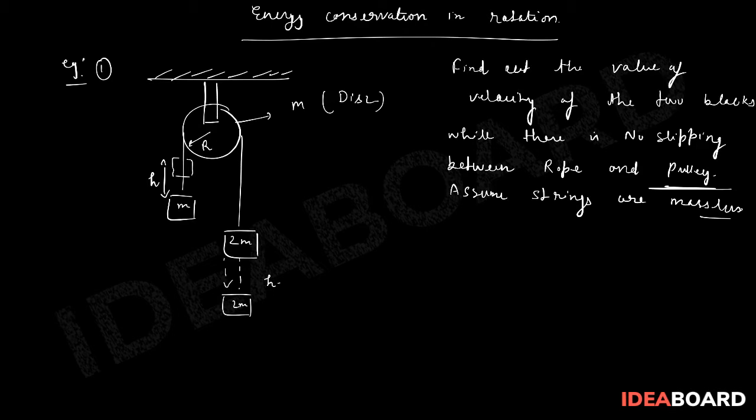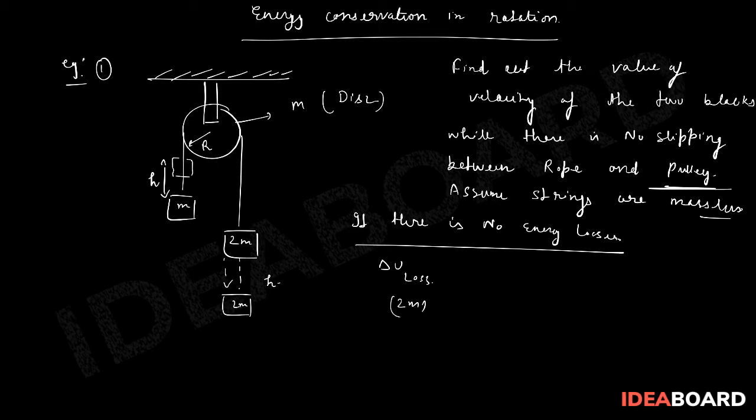So now if there is no friction, there is no energy losses, then I can say that delta U loss for mass 2m.